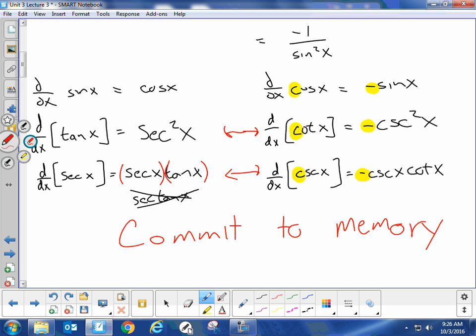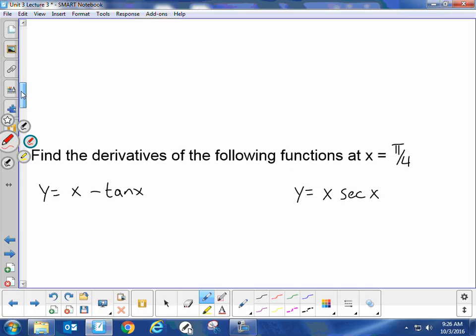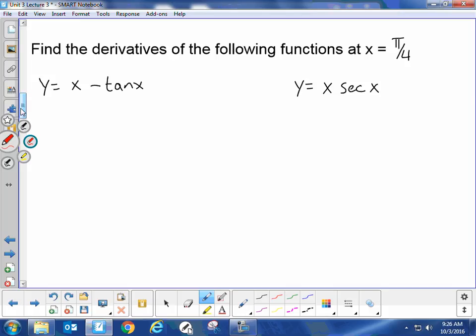All right, well, now we have more tools to be able to tackle some things like finding derivatives at certain values. We can even write equations of tangent lines if we wanted to. But let's find the slope of the tangent of x minus tan x.